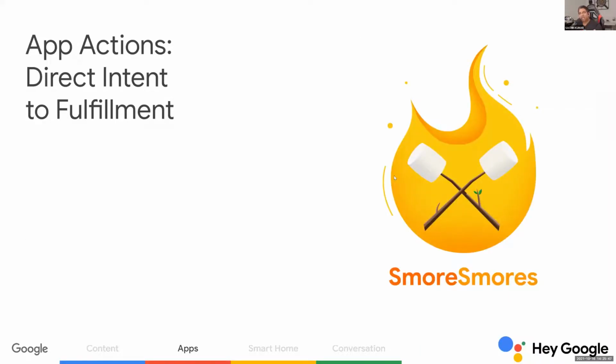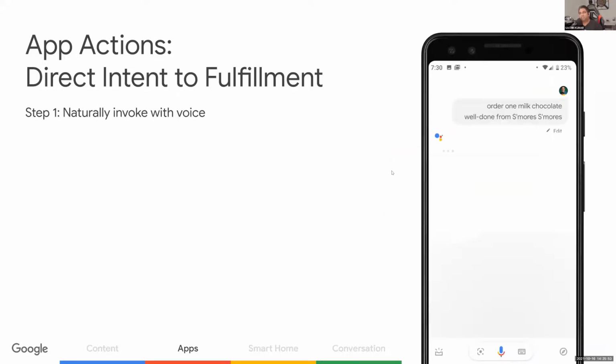But with app actions for Google Assistant, what you'll do is direct intent to fulfillment. So how does that happen? Let's see the same thing happen on mobile with the Google Assistant. Without opening your app or searching for it, you can just say, order 1 milk chocolate well done from Smos. Smos is basically an example application here.